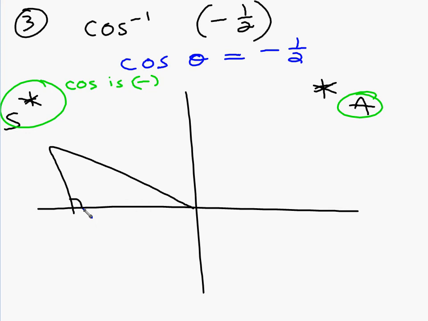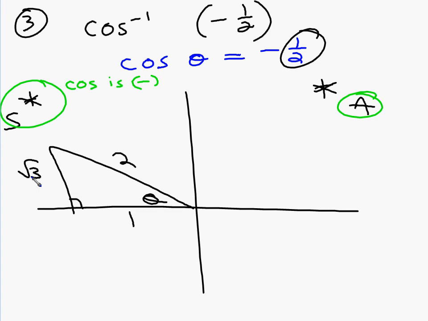Okay? Now, this one's easy again because don't I recognize this 1/2? Right? Here's my angle theta. And cosine is defined as adjacent over hypotenuse, right? So that means this has to be 1, this has to be 2, and this has to be radical 3.